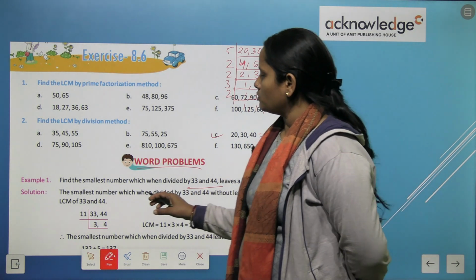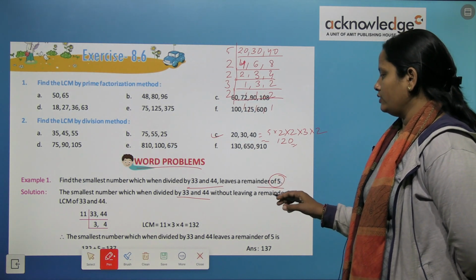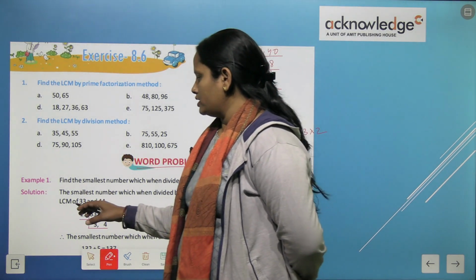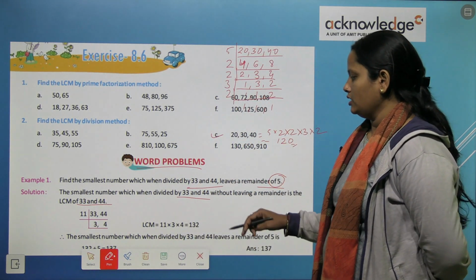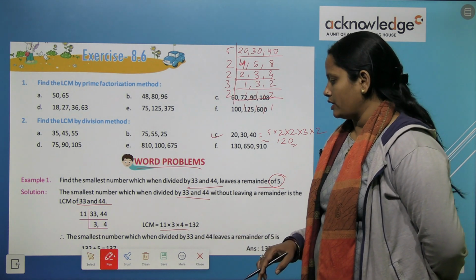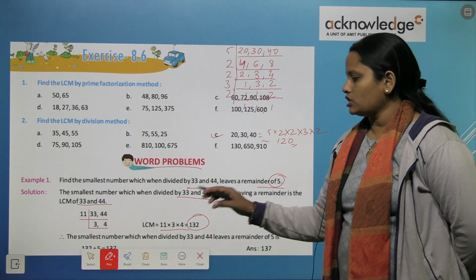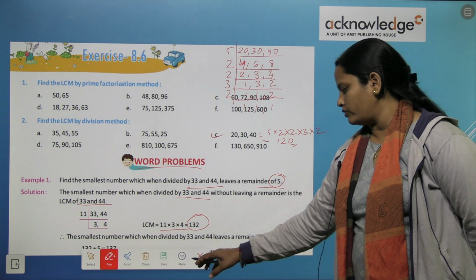So the smallest number which when divided by 33 and 44 without leaving a remainder is the LCM of these two numbers. अब इन दोनों numbers के हमने LCM निकाले. So the LCM is 11 multiply 3 multiply 4 which is 132.